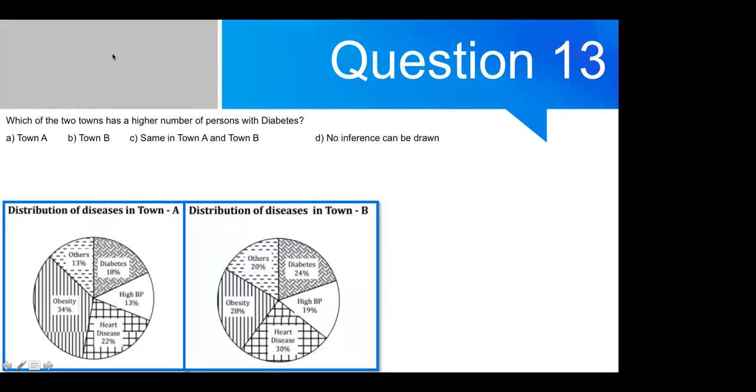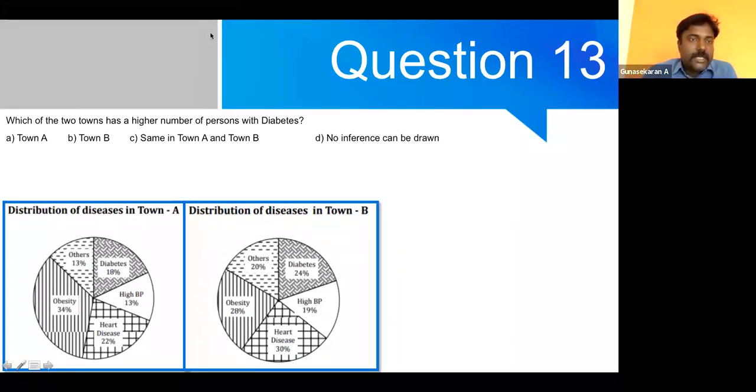Which of the two towns has a higher number of persons with diabetes?